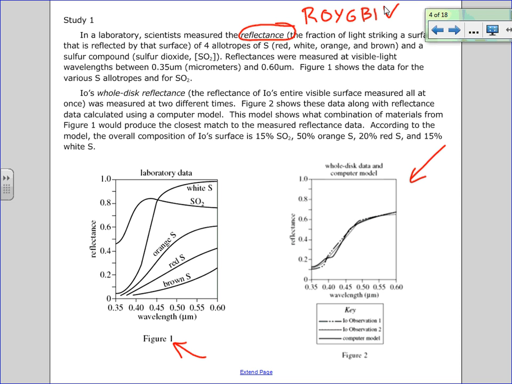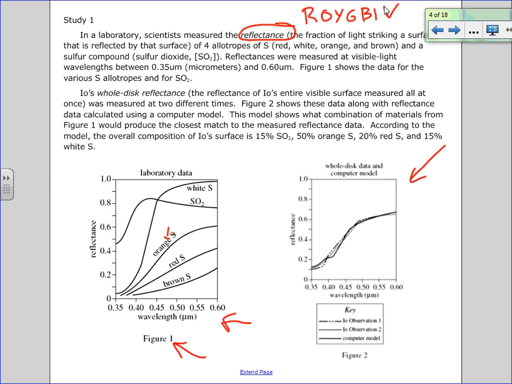All right. And so what we see for different wavelengths then, if you shine it on a particular type of sulfur, is how much light is reflected. Right, that's what we're seeing. So if I ask you a question like white S, so for white sulfur, does it reflect more high wavelength light, or does it reflect more low wavelength light? High. How'd you get high?